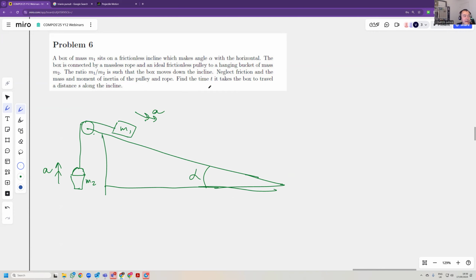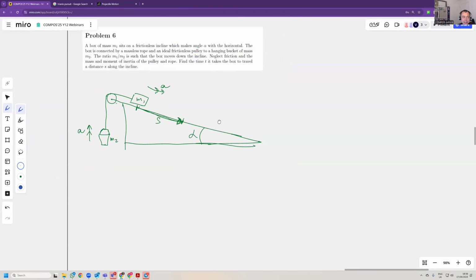Okay, find the time it takes the box to travel a distance S along the incline. So distance S, so the box is traveling this distance. So we just need to find the acceleration, of course.